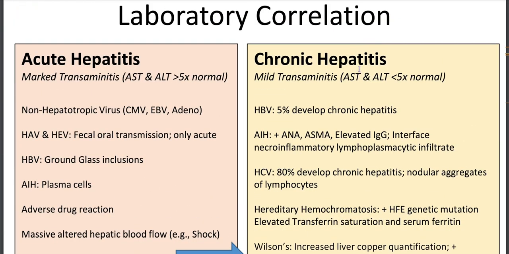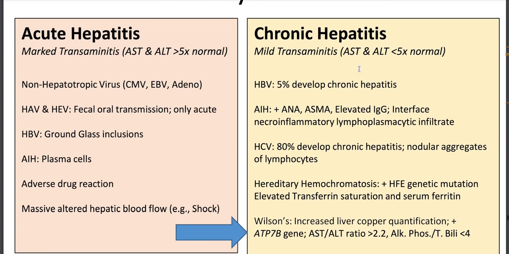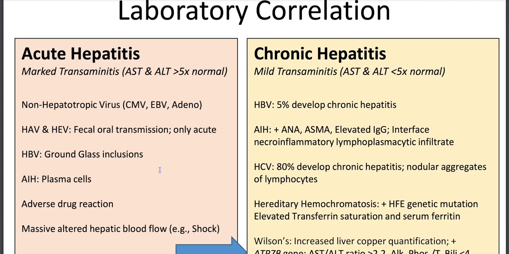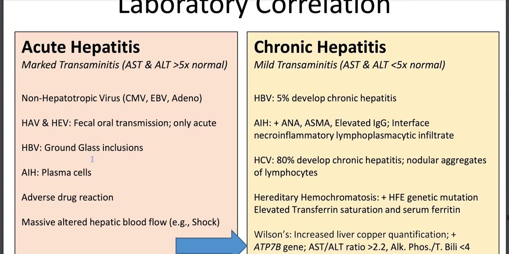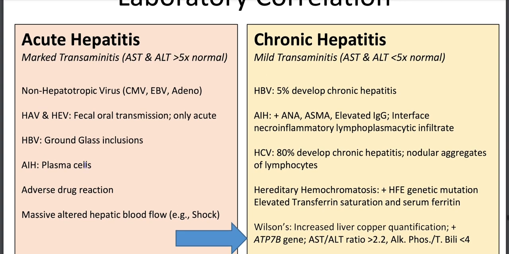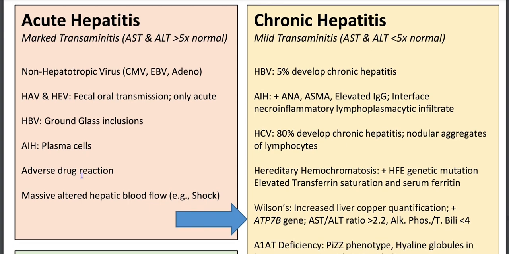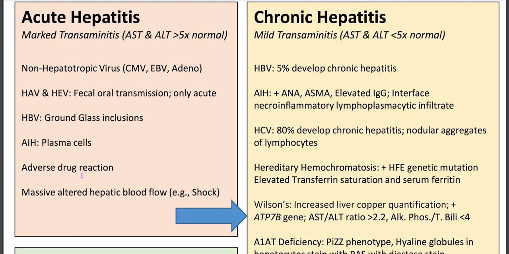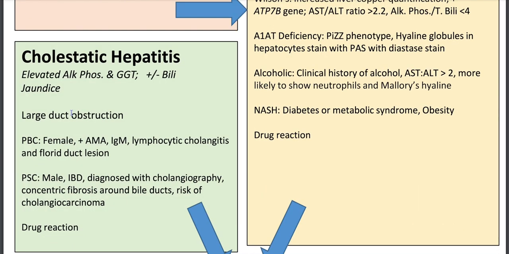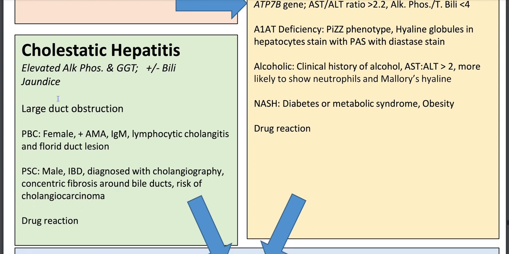And here is Dr. Schaber's lab correlation. The big take-home points: HBV, ground glass inclusions; AIH, autoimmune hepatitis, plasma cells; adverse drug reaction, lots of presentations. Most common is cholestatic injury. Cholestatic, you'll have elevated alk phos, GGT, plus or minus bilirubin, jaundice.